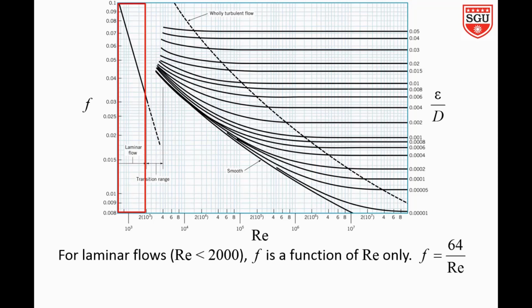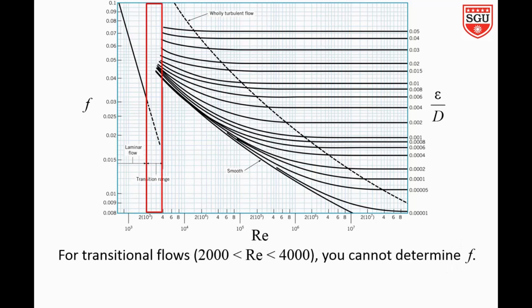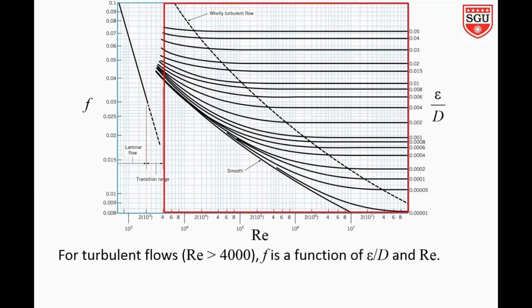If the Reynolds number is in between approximately 2000 and 4000, the flow is in transition region, and there is no accurate method of determining the friction factor for this range of Reynolds number. Most of the Moody chart is dedicated to the turbulent flow region, in which Reynolds number is greater than 4000. From Colebrook's equation, we know that friction factor for turbulent flow is a function of both Reynolds number and relative roughness.